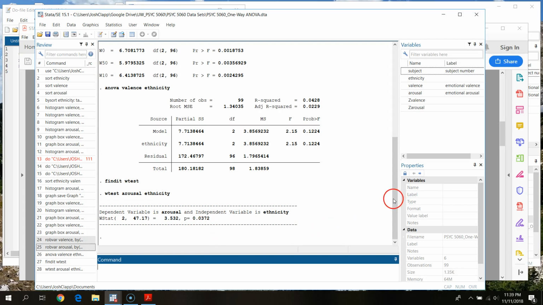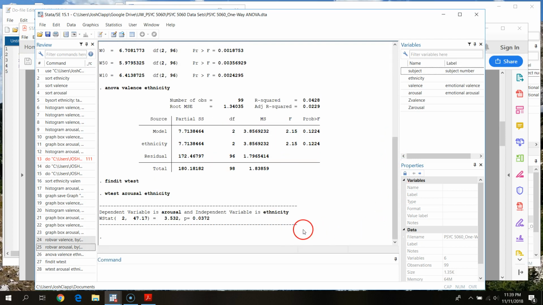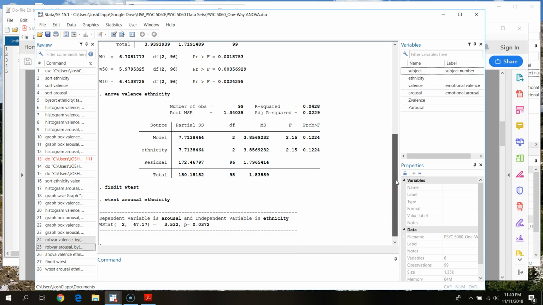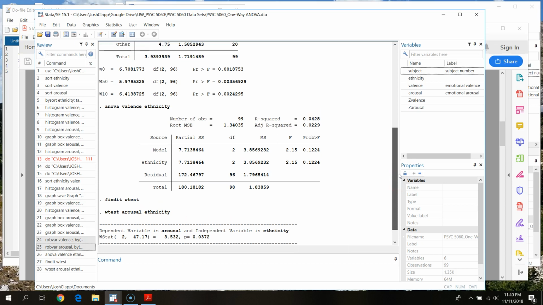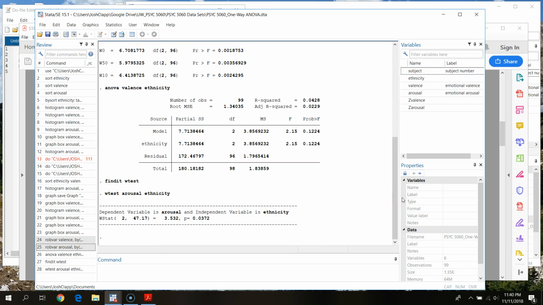Okay. Now, one thing we would want to take a look at and think about, though: remember that even though we have tests that help us correct for and adjust for violations of our assumptions, it doesn't mean we can ignore it, right? We ran these analyses to see if there are mean differences in valence and arousal across our groups.